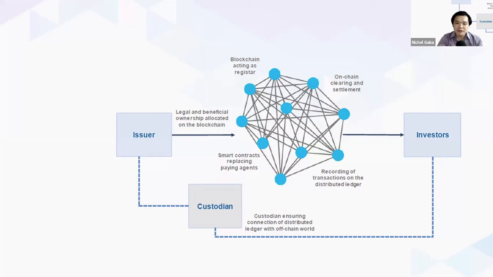Now, because these parties in the middle are built on smart contracts that cost very little to the entire value chain, you can now provide access to the smaller investors and the smaller issuers. Right now, if you're a small company and you want to raise, let's say, 1 million pesos in capital, you will not be able to go to the financial market.